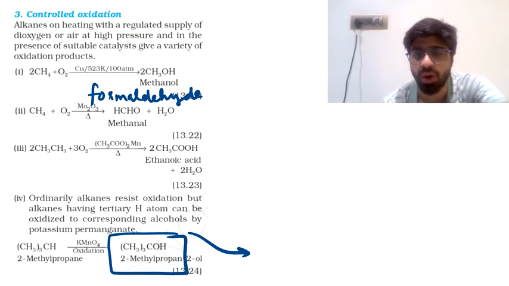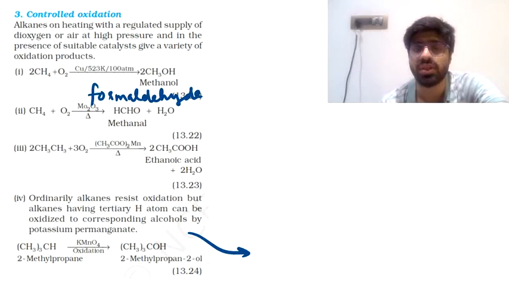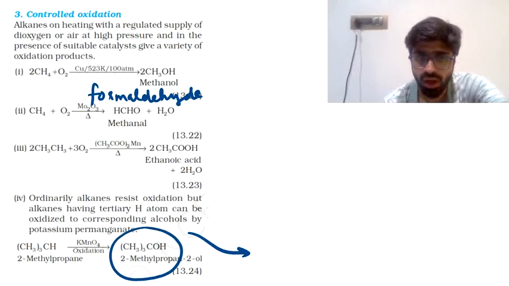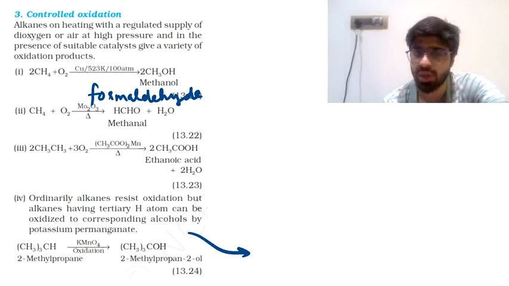the formation of alcohol. Alcohol further does not get oxidized, yet if you carry out a very destructive oxidation of the alcohol that you have got, you will get the breaking of chains, and some other compounds will be obtained, which will definitely be smaller than the compound here, but currently we are not getting into it. For now, if the alkane has a tertiary hydrogen atom, then reaction with KMnO4 is going to give rise to the formation of alcohol.